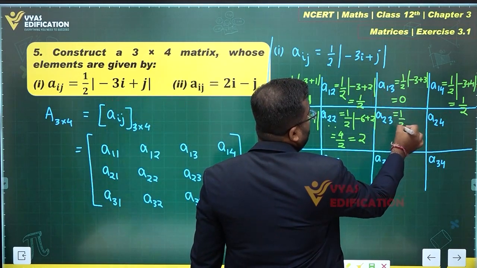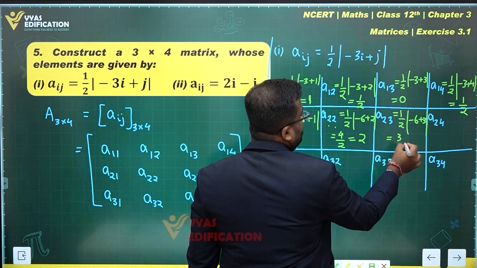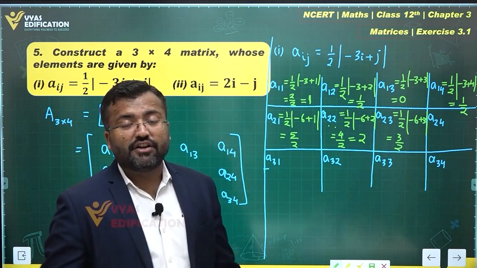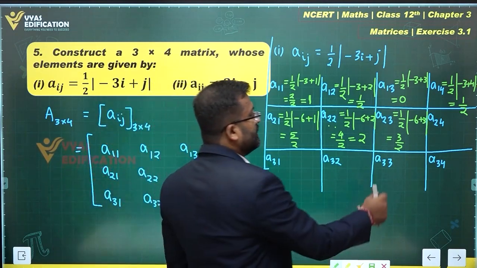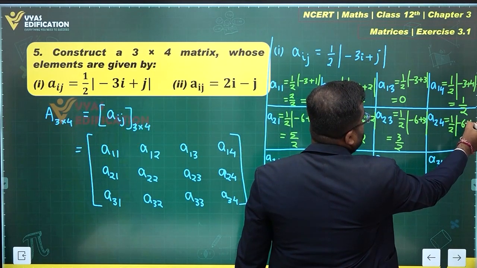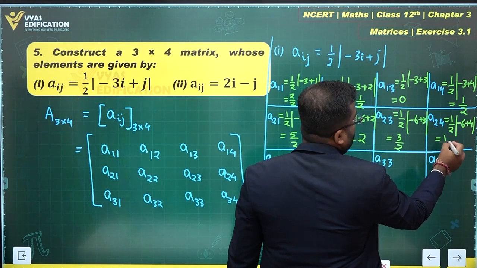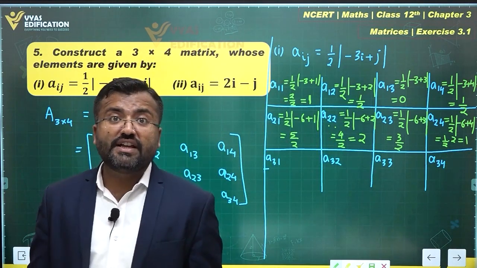A23 is half modulus of minus 6 plus 3, which is again 3 by 2, as you can observe. In the modulus, you have minus 6 plus 3, which is minus 3. The value of modulus would be 3. A24 is half modulus of minus 6 plus 4, which is 1 by 2 times 2, which is simply 1. Minus 6 plus 4 is minus 2.